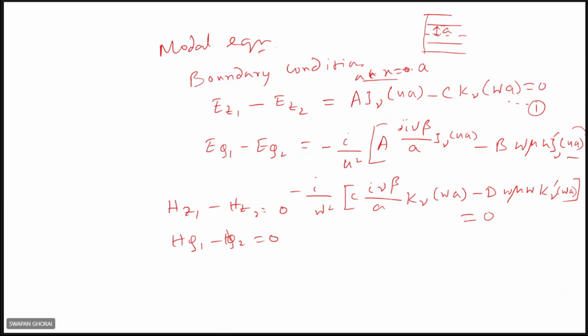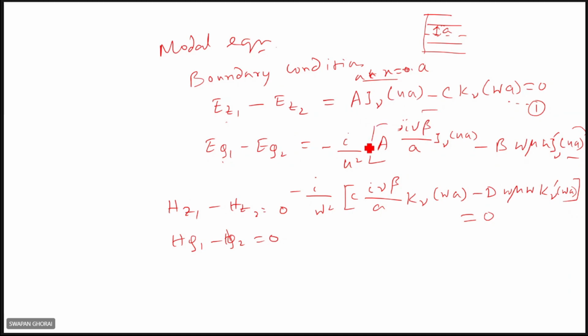I told you initially the mode equations can be solved with the boundary conditions. At the core and clad, you have to apply the boundary condition: tangential electric fields are continuous, tangential magnetic fields are continuous. That means Ez1 minus Ez2 equals 0, E phi1 minus E phi2 equals 0. We have assumed the source in that form, so if you substitute at r equal to a, you'll get these equations.